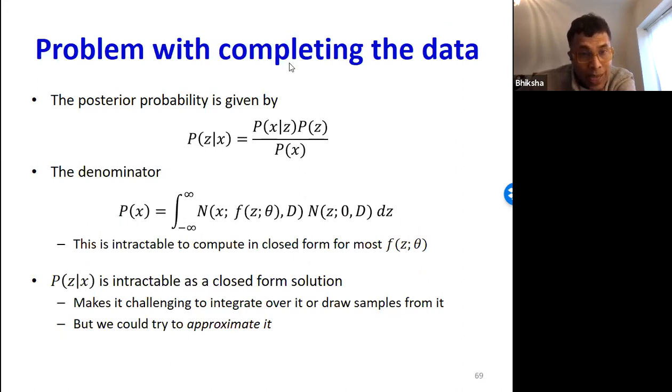The only thing you can compute is p of x given z and p of z. P of x given z is, of course, this first term. It's a Gaussian, and if z is known, the mean of the Gaussian is known, so you can compute this. P of z, we said, was a zero mean Gaussian, so this is something we can compute. But when you multiply these two and then take an integral with respect to z, this is not computable. So p of z given x is not tractable in closed form.